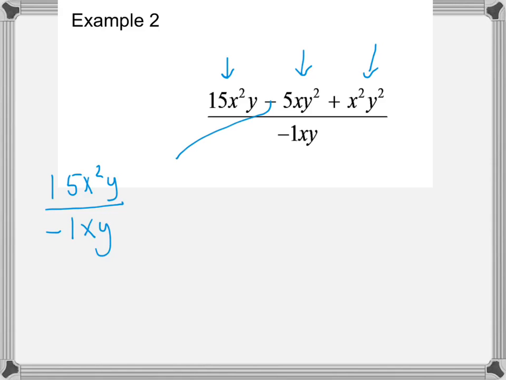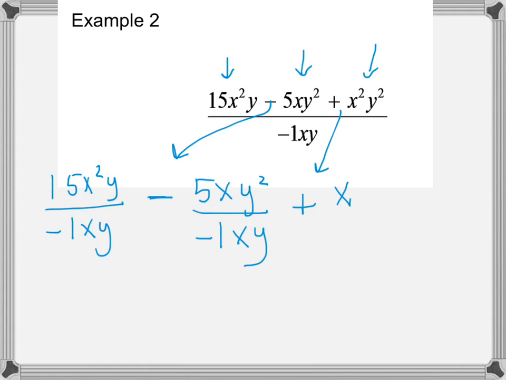We're going to carry the operation down between the monomial parts and rewrite this. And then we have that operation there. And we have x squared y squared over negative 1xy.